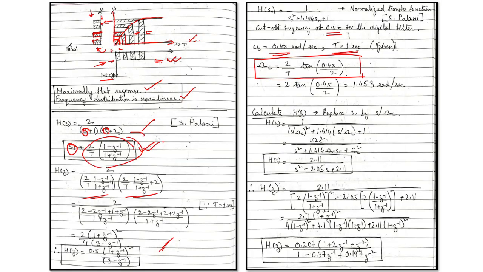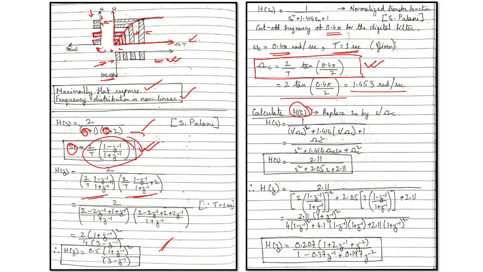So this equation is called the pre-warping equation. It becomes omega c equals 2 by capital T tan of 0.4 pi by 2. So this is equal to 2 tan 0.4 pi by 2, and it comes out to be 1.453 radians per second. Now we need to calculate H(s).